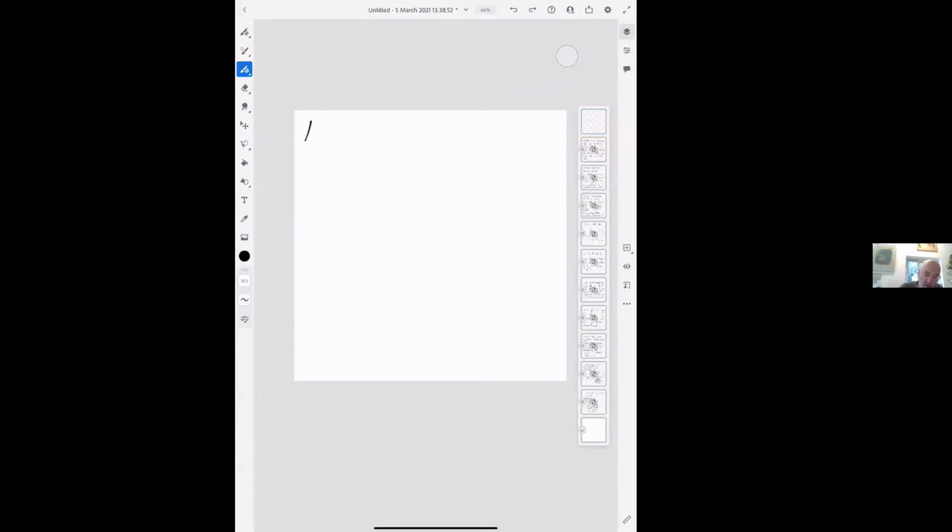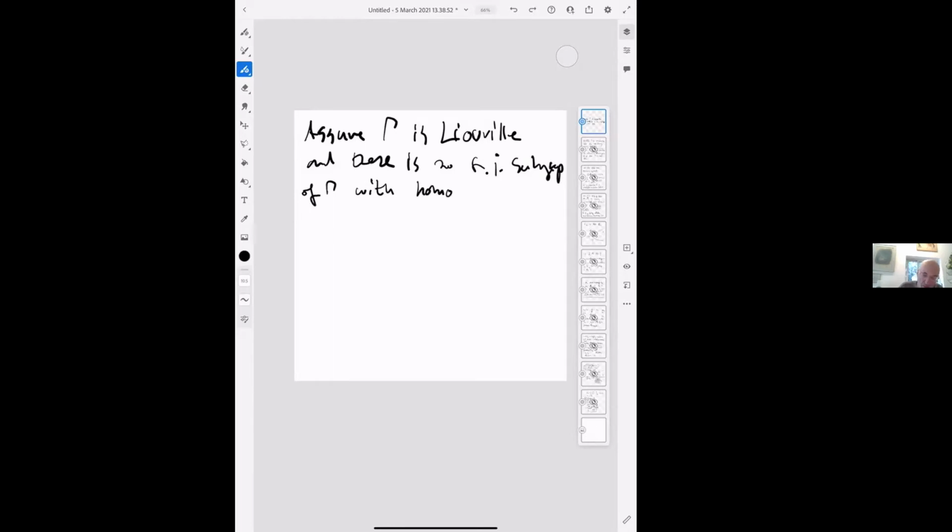So essentially, our first open problem is: assume gamma is Liouville, and there is no finite index subgroup of gamma with a homomorphism to R or Z. Is gamma noise sensitive?